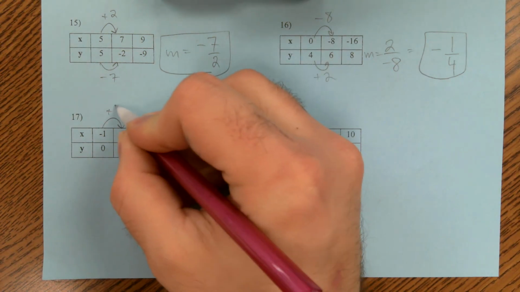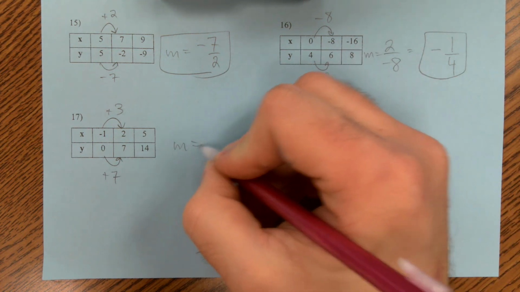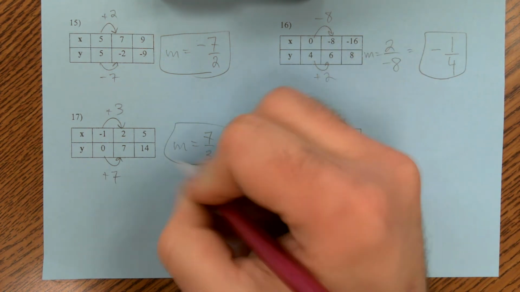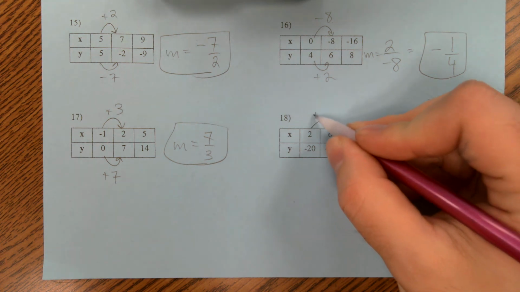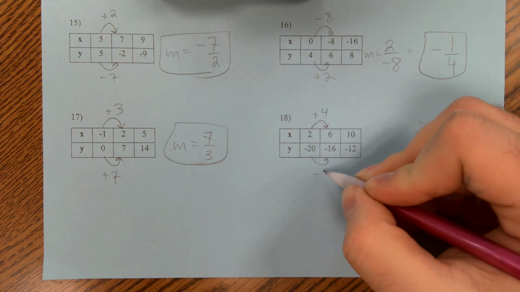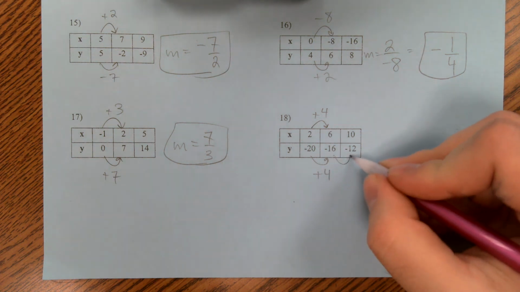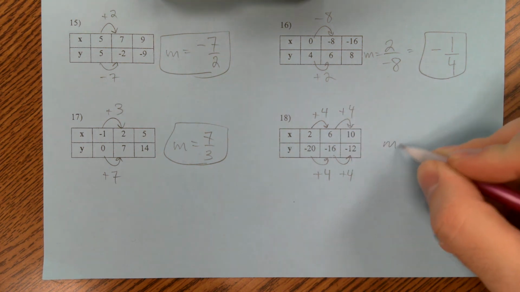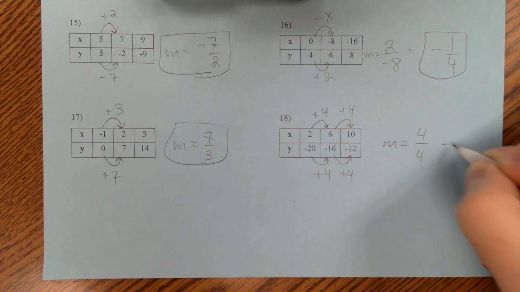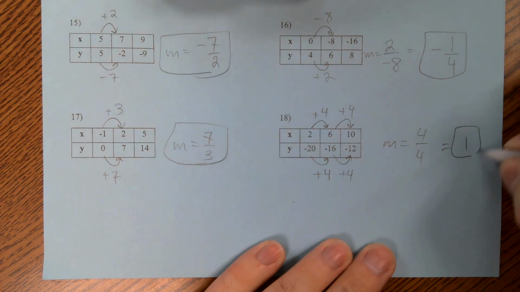Negative 1 to positive 2 is plus 3 and plus 7. So our slope is just 7 over 3. And then here we've got plus 4 and minus, oh actually no, that's a plus 4 too, right? I think. That could be wrong. So if our slope is just 4 over 4, that's going to simplify to what, everybody? 1. 1, thank you. Great job.